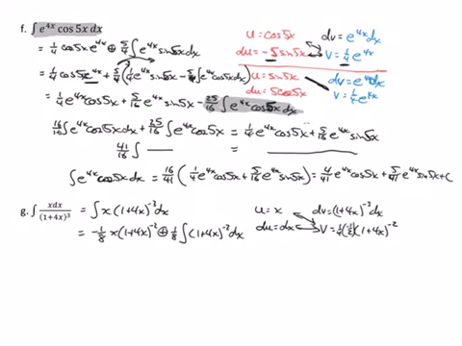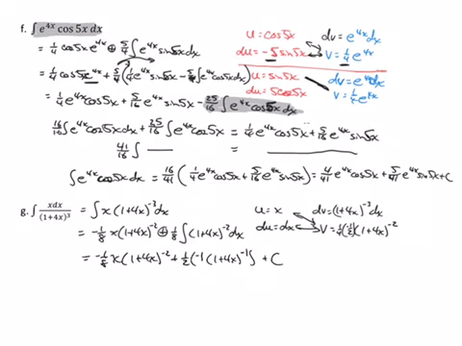And so we end up with negative 1/8 x times 1 plus 4x to the negative 2, plus 1/8. My new exponent here will be 1 plus 4x to the negative 1. So I need to divide by negative 1, and then plus a constant.